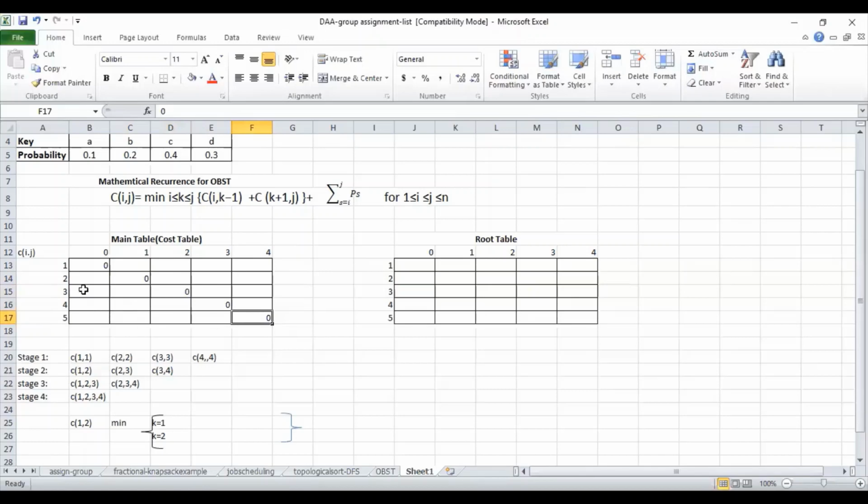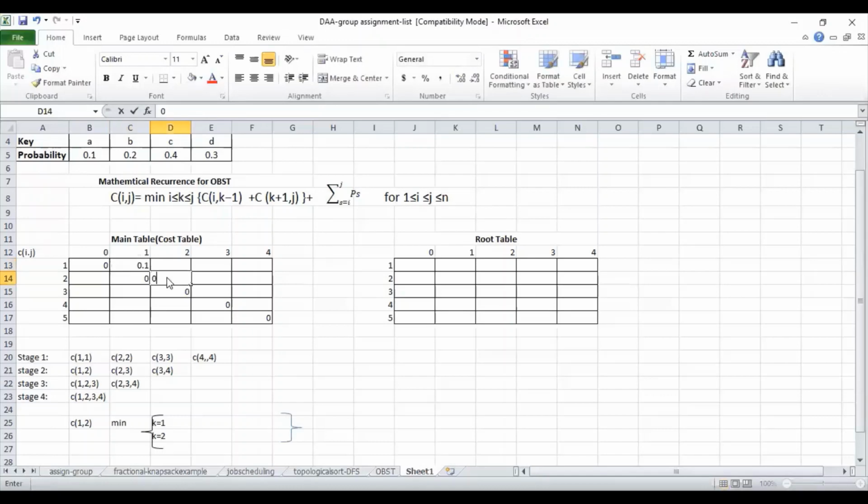Now this is the first entry in the cost table. Now we would go to define what is C11. As I already told you, C11 is the cost of a BST by including only one node, which is A, into the binary tree, and hence its cost would naturally be 0.1.